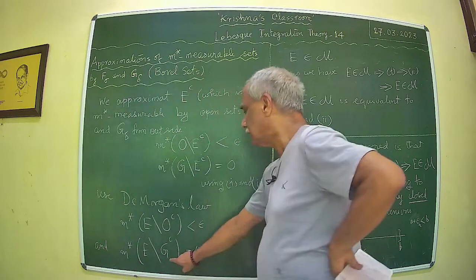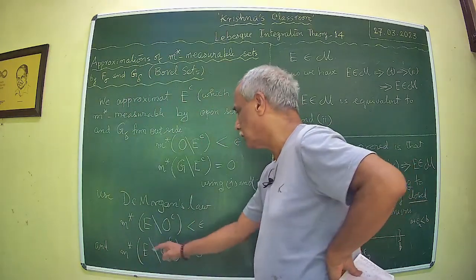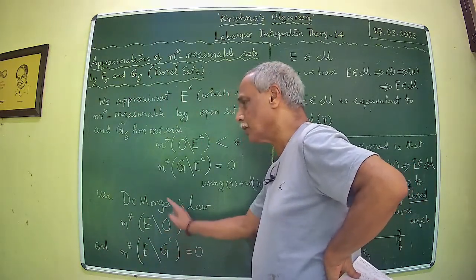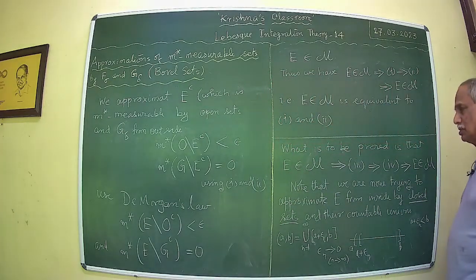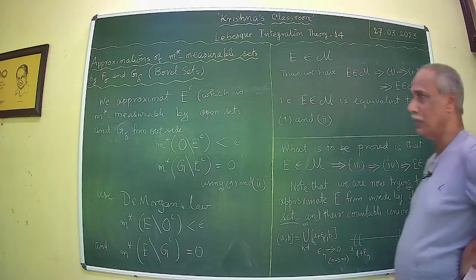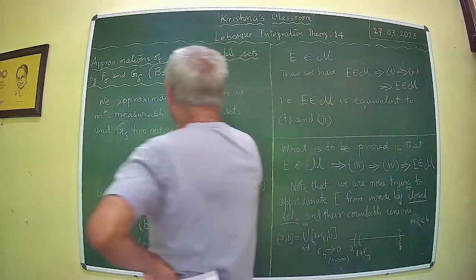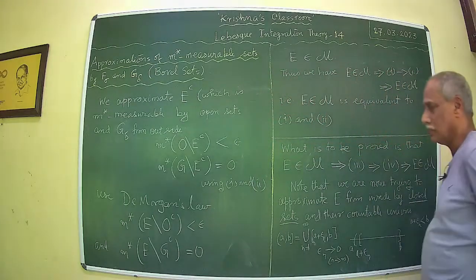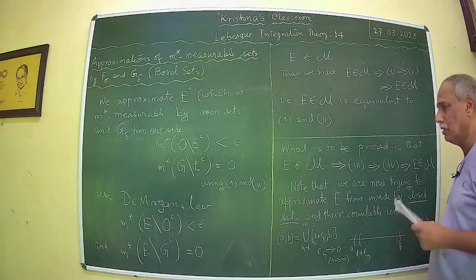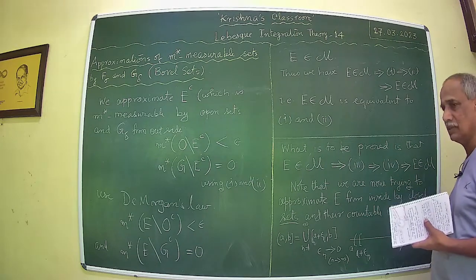Now you see that this becomes an F sigma and this becomes a closed set. So we can apply 1 and 2, and with the help of De Morgan's law, you can prove 3 and 4.